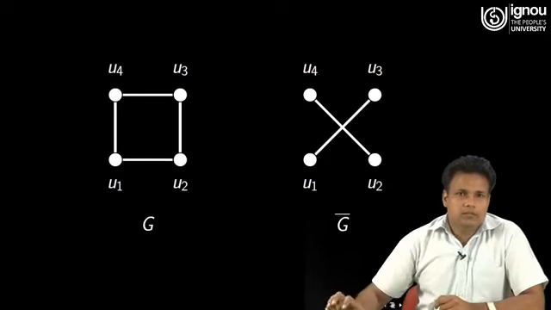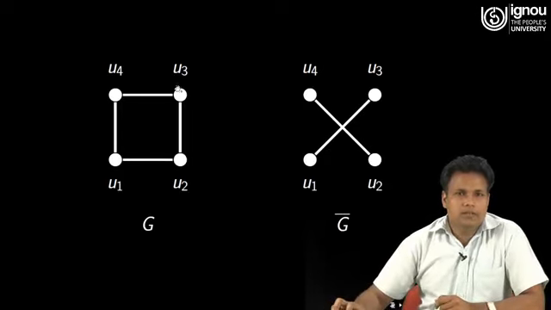Now, look at the graph G here. It has 4 vertices and 4 edges. So, there are 2 edges missing here, namely U2, U4 and U1, U3.